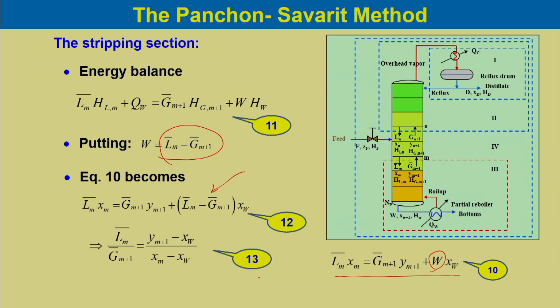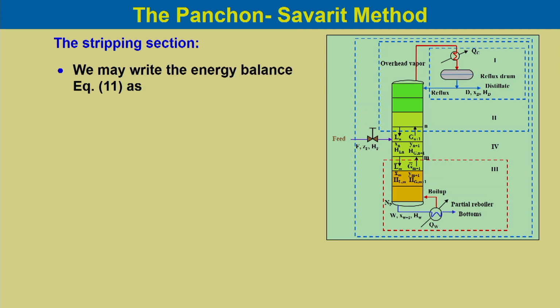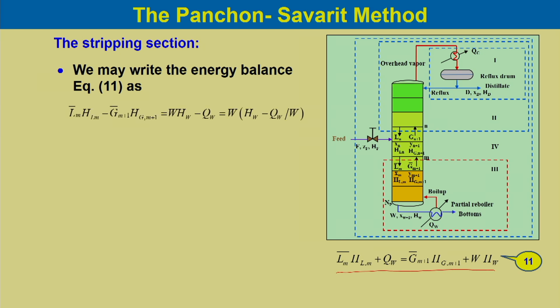Equation 12 can be rearranged to get equation 13, which is Lm bar divided by Gm plus 1 bar equal to Ym plus 1 minus Xw divided by Xm minus Xw. Now, we may write the energy balance equation 11 for the stripping section as Lm bar HLm minus Gm plus 1 bar into Hgm plus 1 equal to W Hw minus Qw.